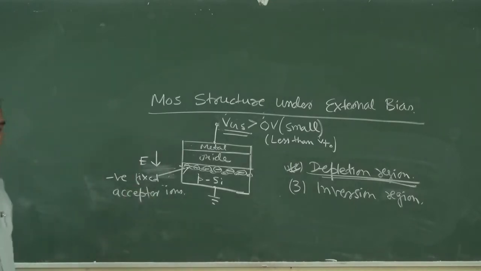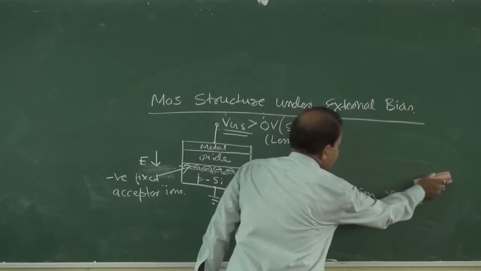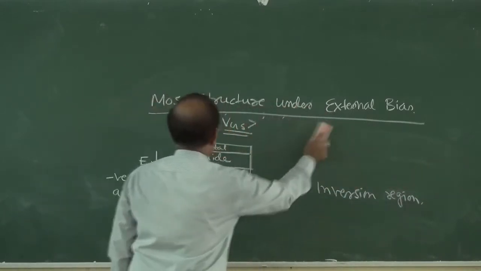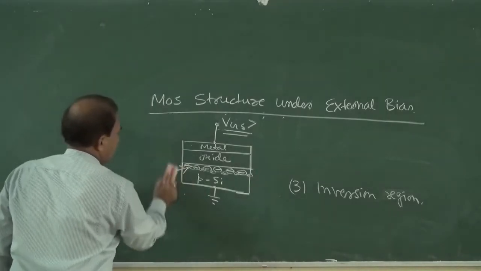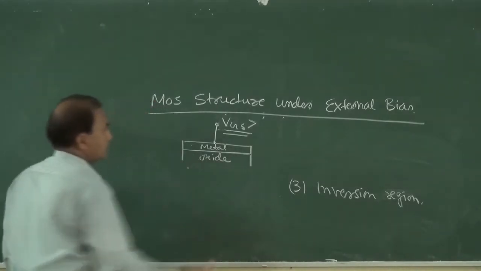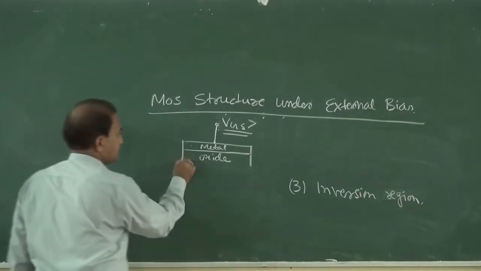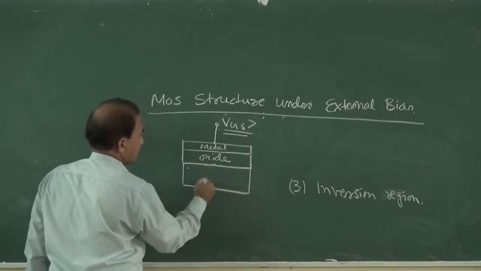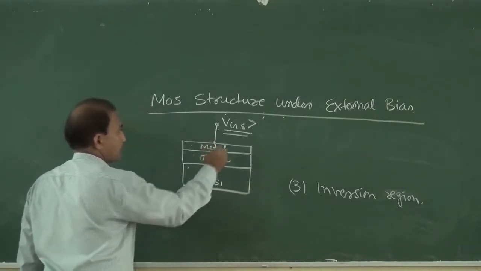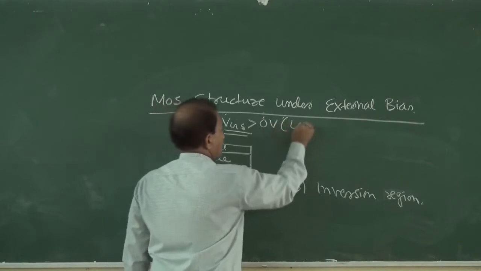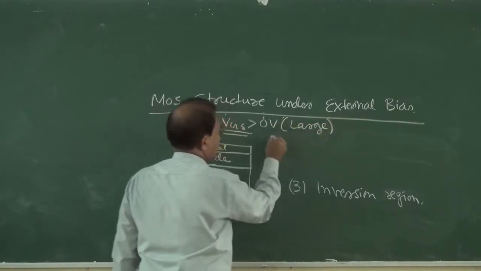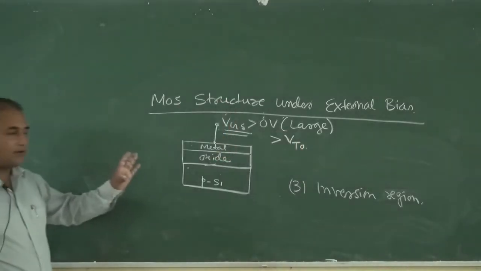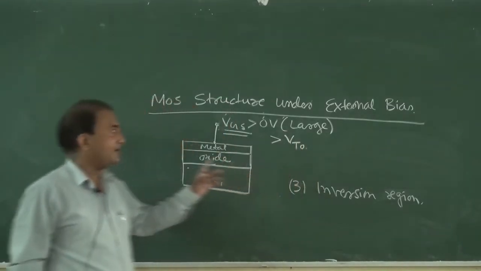Then we will see the third type of region, that is the inversion region. Now we will see how the inversion region is created.